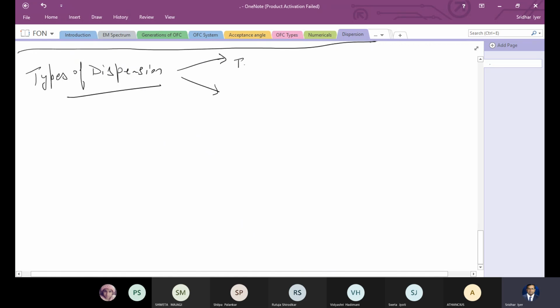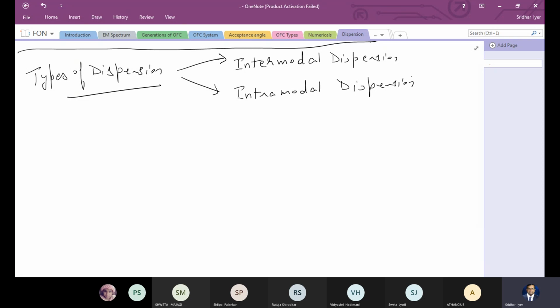One is known as the intermodal dispersion, and the other is known as intramodal dispersion. So one is the intermodal dispersion and the other is the intramodal dispersion.